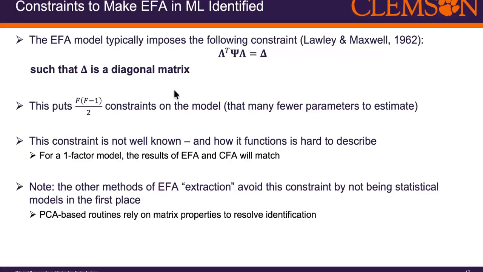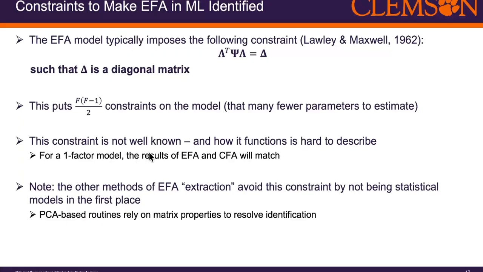Which is an odd way of thinking about it, but basically think of it this way. This matrix here is going to be square and symmetric. So all the terms that would multiply each other would have to give rise to something that had zeros in the off-diagonal elements. By doing that, though, it puts in just the number of constraints needed to identify the model itself.